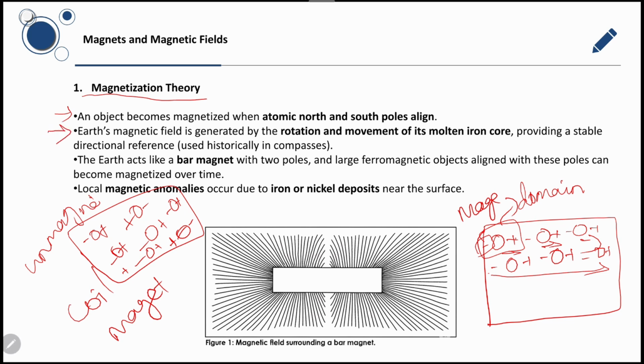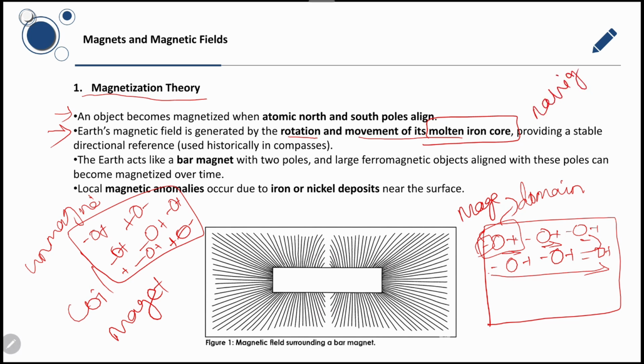The next point is that Earth's magnetic field is generated by the rotation and movement of its molten iron core. Our Earth works like a huge magnet. Deep inside, the molten iron core is moving and rotating, which creates a natural magnetic field. This field is strong and stable enough to be used for navigation.